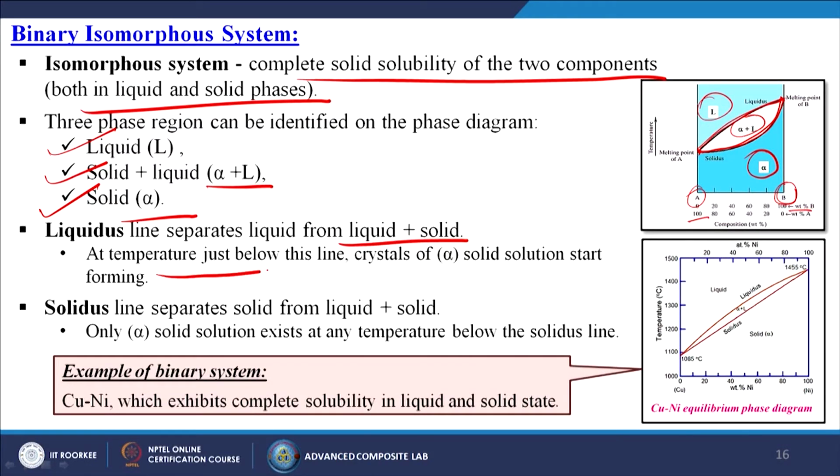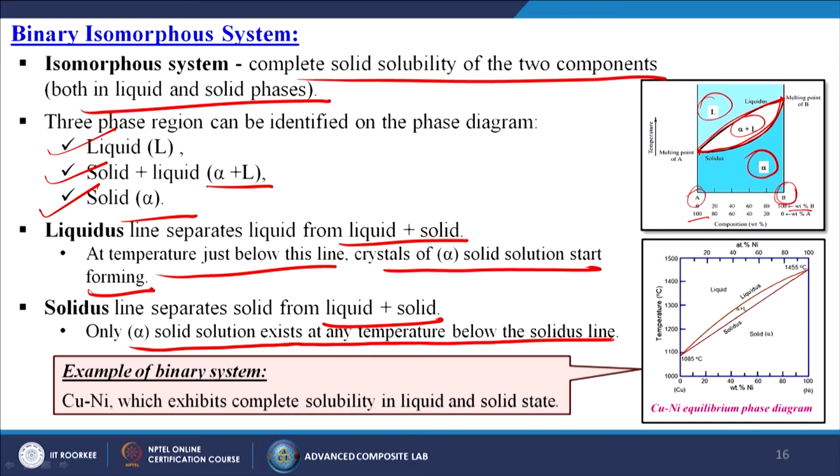At temperatures just below this line, crystals of alpha solid solution start forming, and the solidus line separates the solid from liquid plus solid. Only alpha solid solution exists at any temperature below the solidus line.